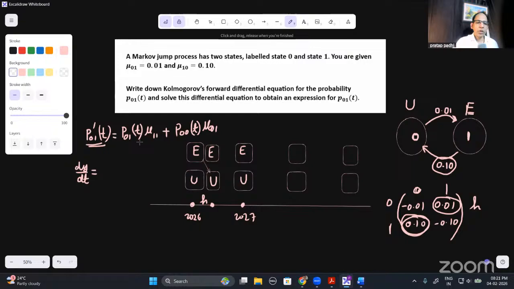This will be equal to y mu 1,1. What is mu 1,1? Mu 1,1 is minus 0.10.